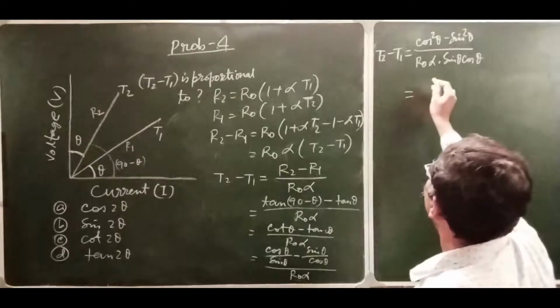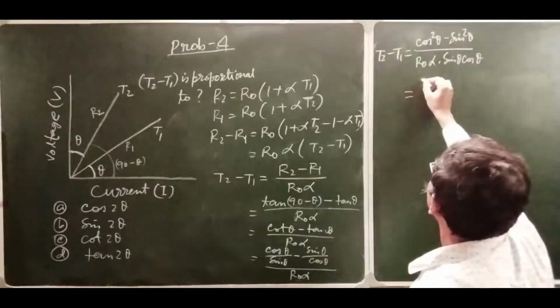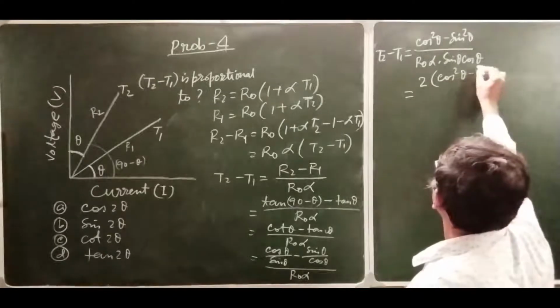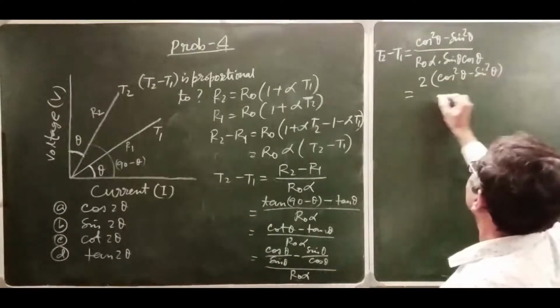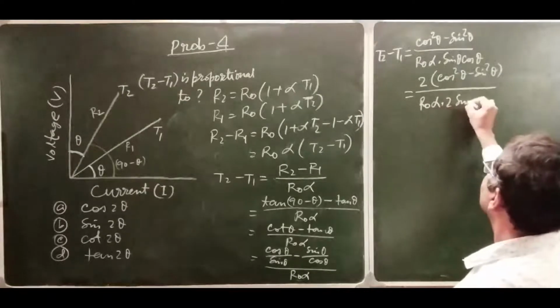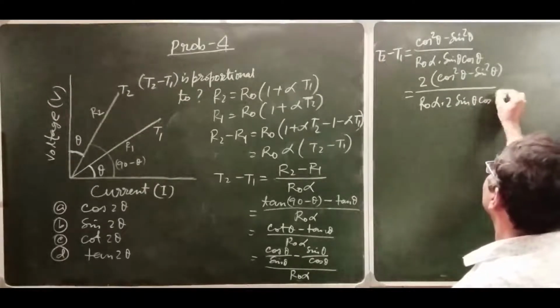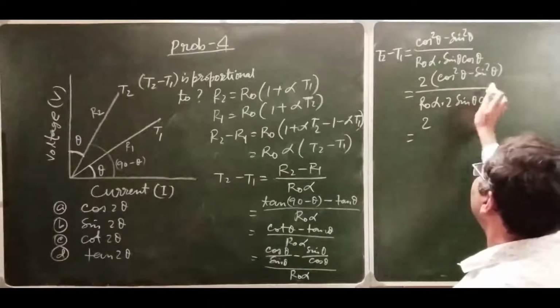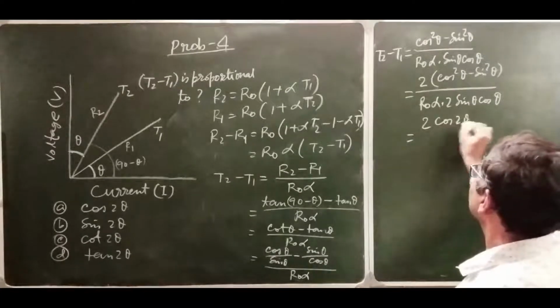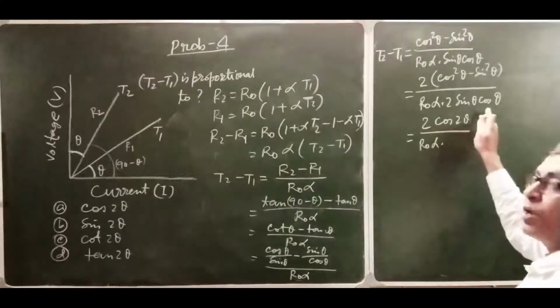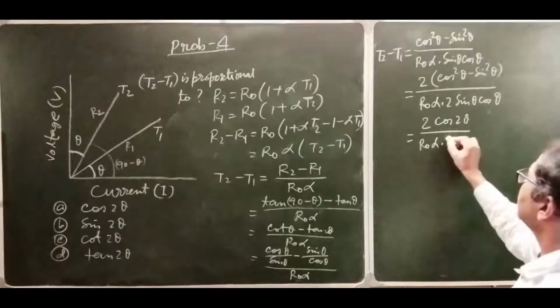If you multiply up and down with 2, you will get this one as cos 2 theta and this will be sine 2 theta.